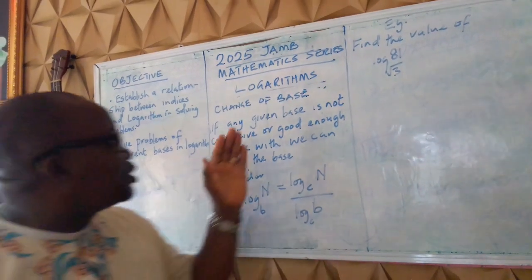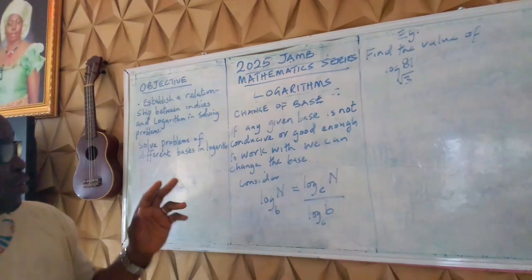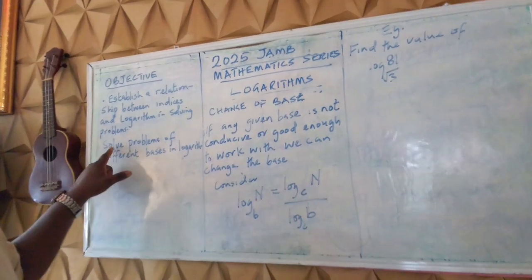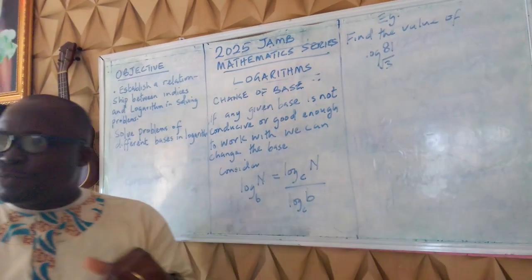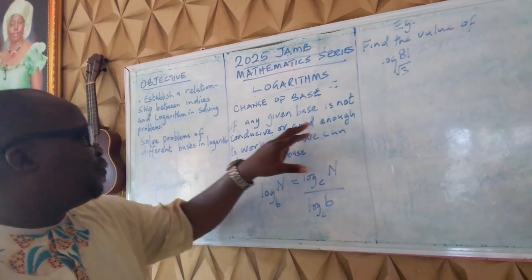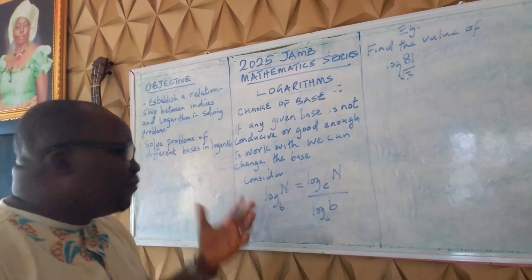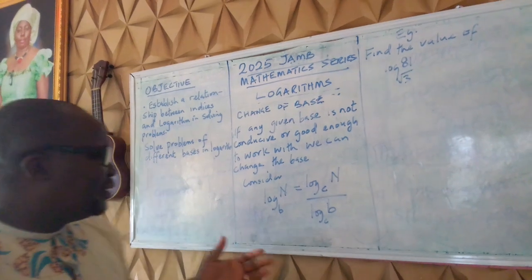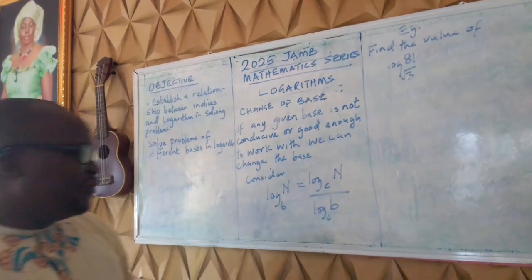Now, we're in the last aspect to achieve our target objective, which is to solve problems of different bases in logarithms. It's possible that a question will be given to you where the base is not convenient for you to work with. Then you can consider changing the base to a convenient, workable base.